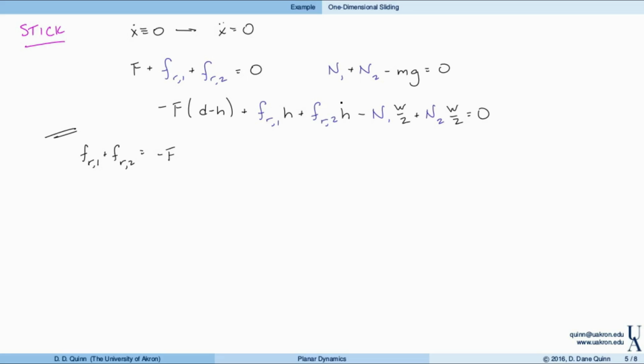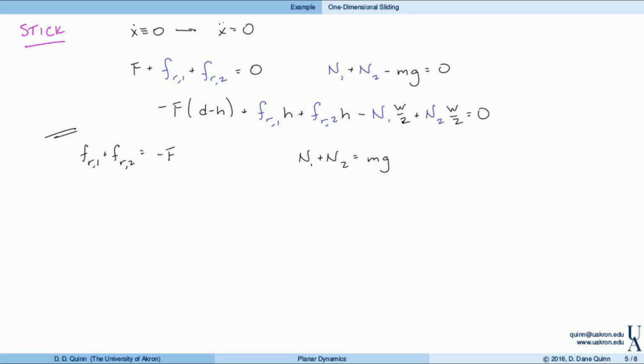So then if I look at these other two equations, right, I have N1 plus N2 equals mg. So now this last term from angular momentum balance can be reduced to the following. And as I do this, I'm going to go ahead and substitute in that the net friction force is equal to minus F. Right? So I'll actually factor out a minus F from these two terms.